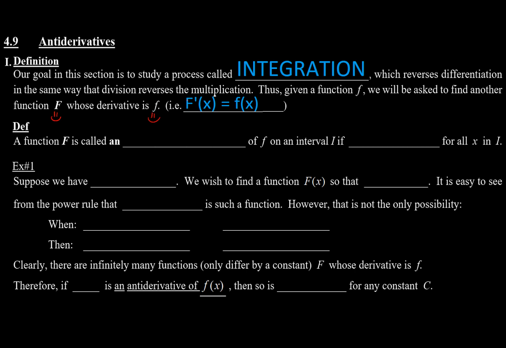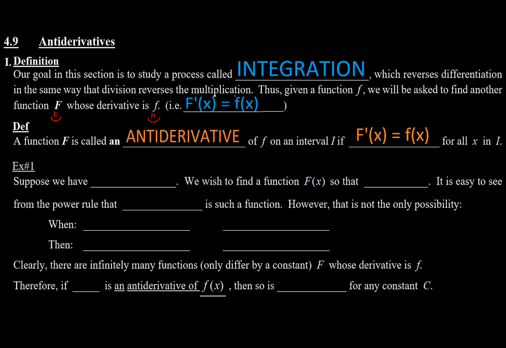In other words, if I take the derivative, am I going to get my other function? So a function, capital F, is called an antiderivative of lowercase f on interval I, if F prime of x is equal to f of x for all x in that interval I.